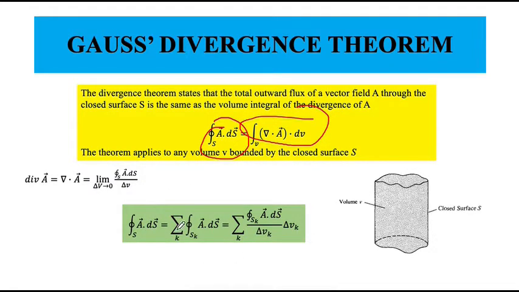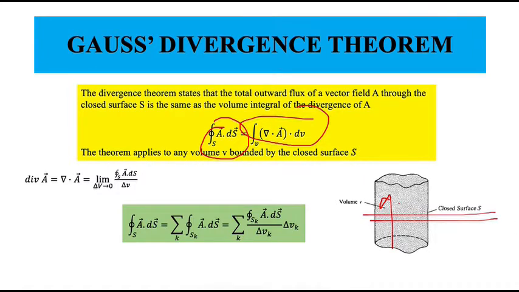Our total outward flux of vector field A is equal to the sum of the volume integrals of divergence of A, the sum over the surfaces. Since the outward flux of one cell is inward to some neighboring cell, there is cancellation on every interior surface.